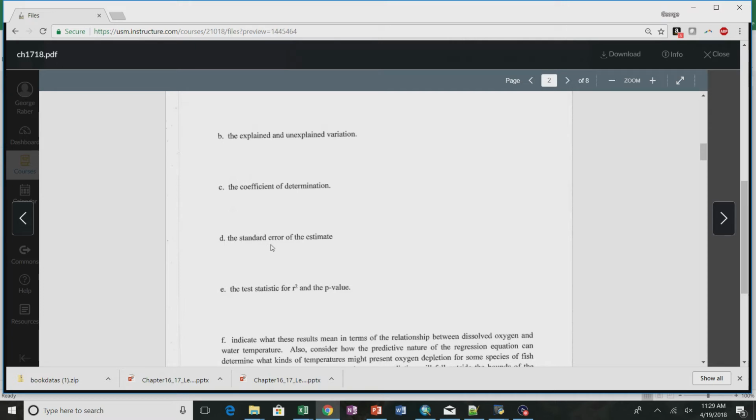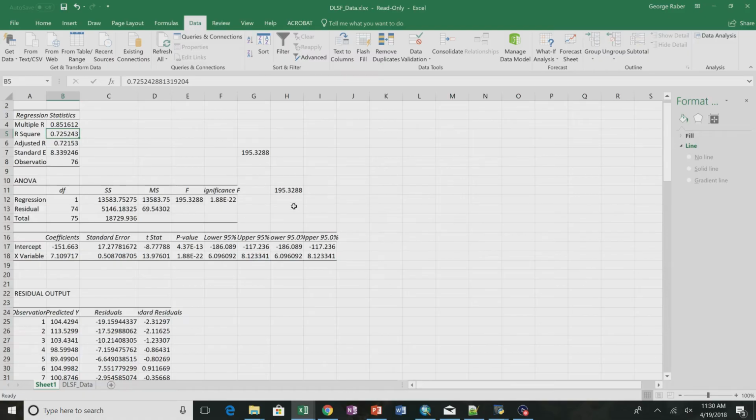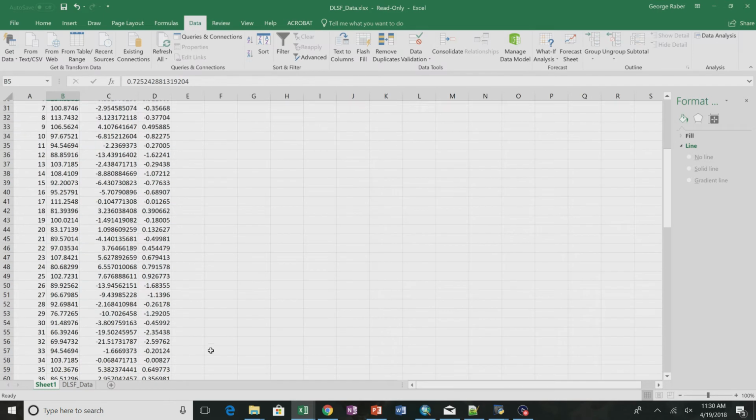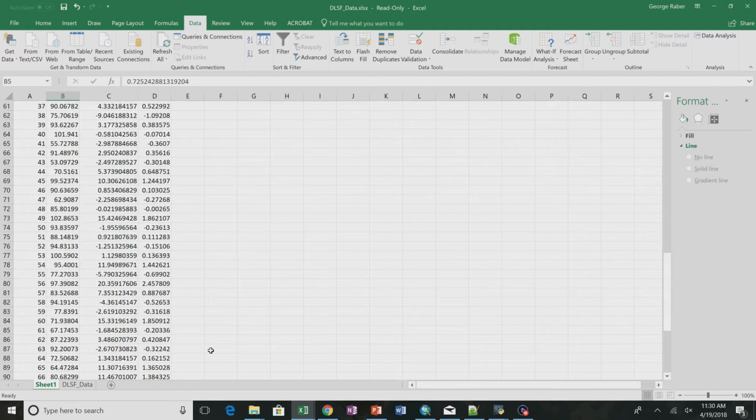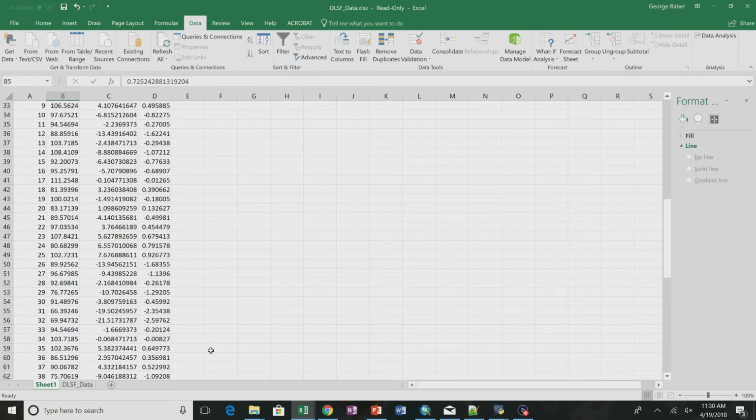Okay. The standard error of the estimate. Where do we get the standard error of the estimate from? Here's the standard error of the intercept and the variable. I don't know if it's on the table anywhere. We calculated standard error before, remember?